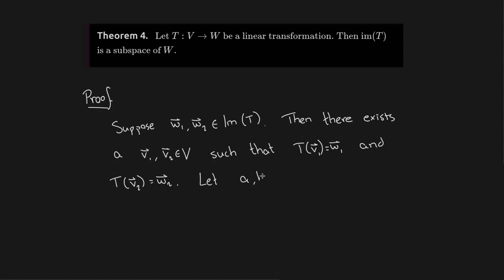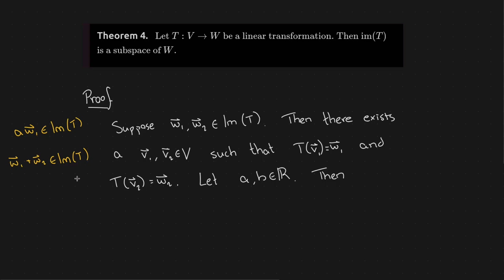Let's let A and B be scalars. Then what we need to show in order to show it's a subspace is that every scalar multiple of a vector that's in the subspace is still in the subspace, and every sum of vectors that are both in the subspace is still in the subspace, right?